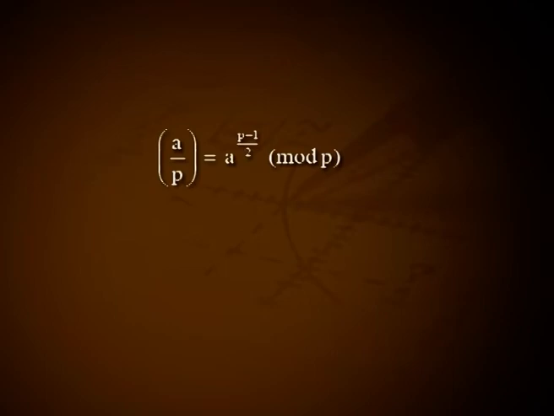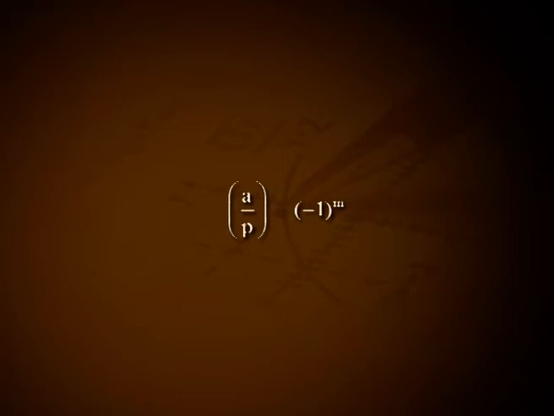By Euler's criterion, (a/p) is congruent to a raised to (p-1)/2 mod p. Therefore, (a/p) is congruent to (-1) raised to m mod p. Since both sides take values -1 or 1, we have (a/p) is equal to (-1) raised to m.